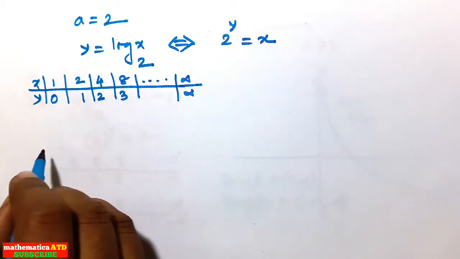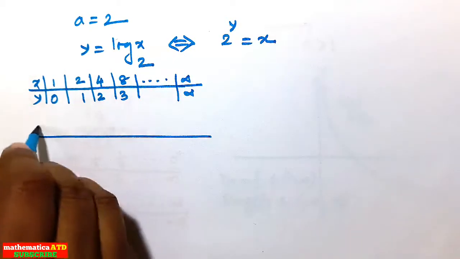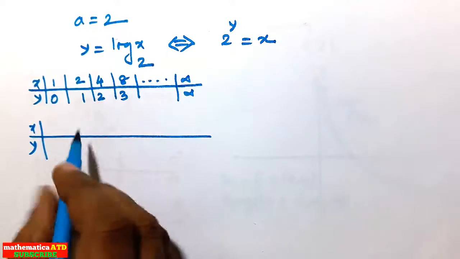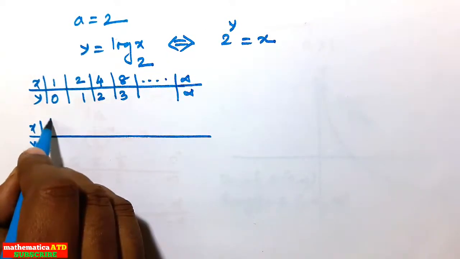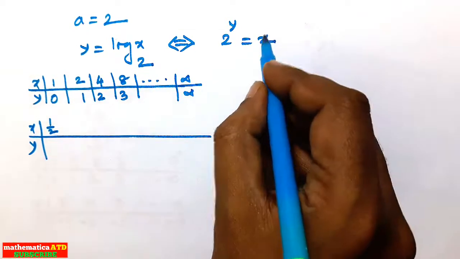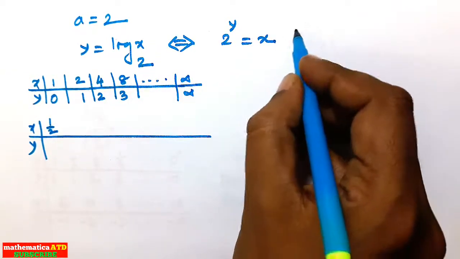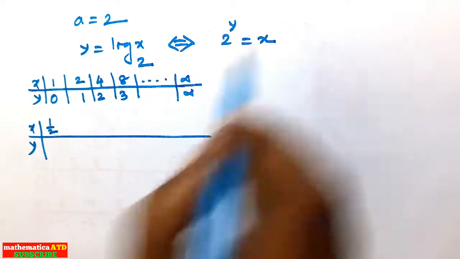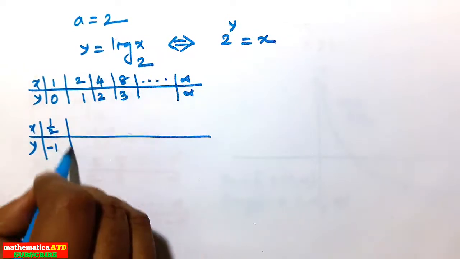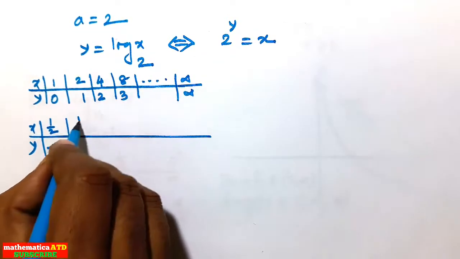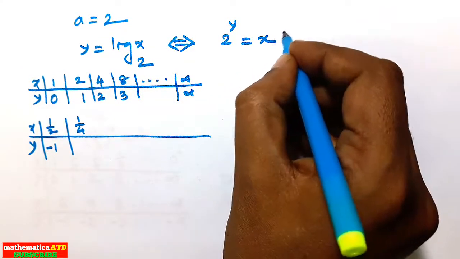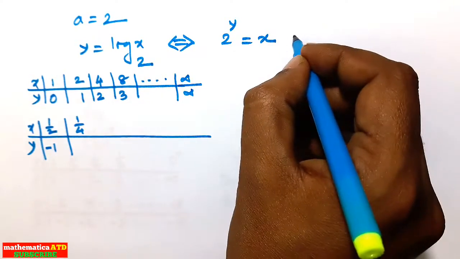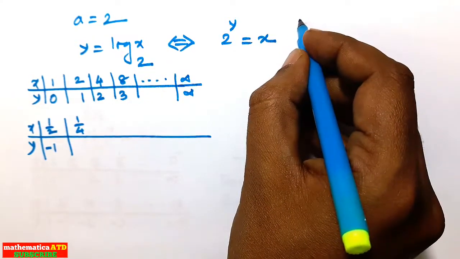And we shall take another set of values. Say x is equal to half. Half means 2 to the power minus 1. So y is equal to minus 1. Say x is equal to 1/4. 1/4 means 1 by 2 square, that is 2 to the power minus 2.